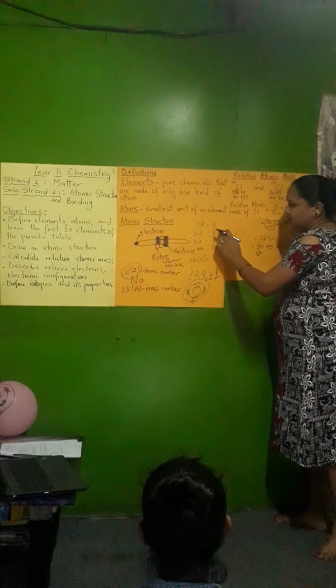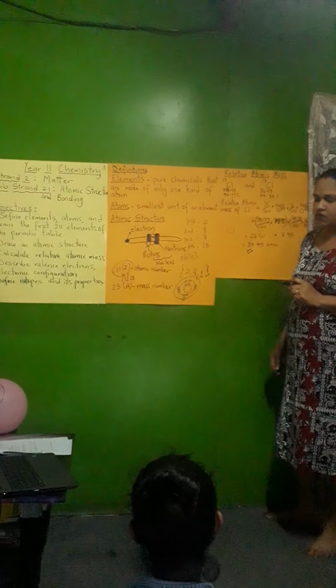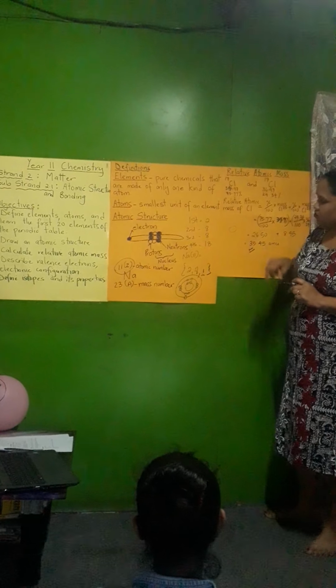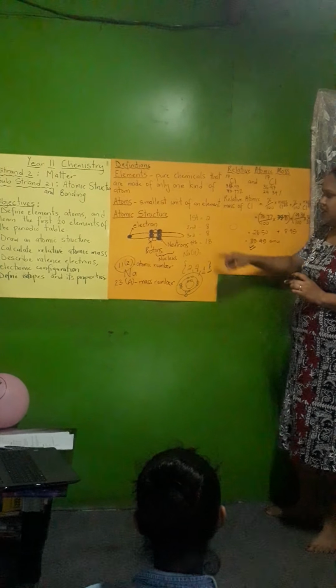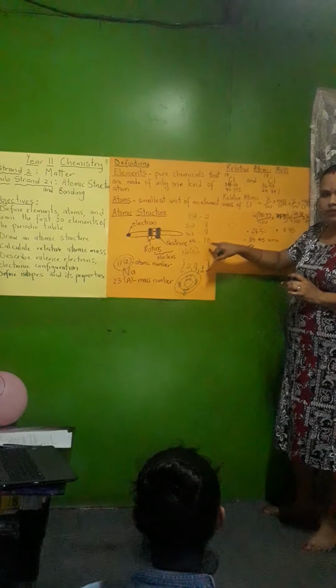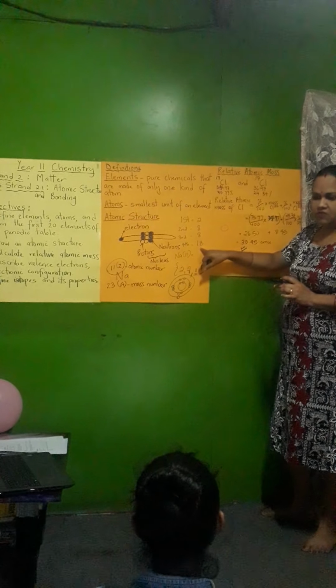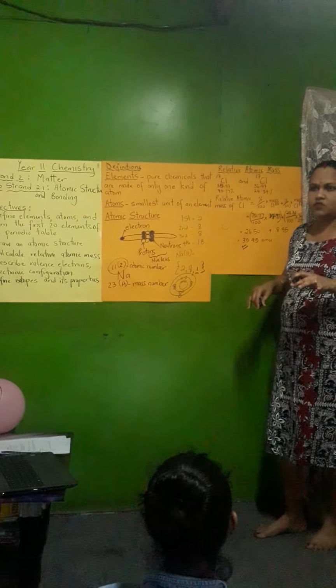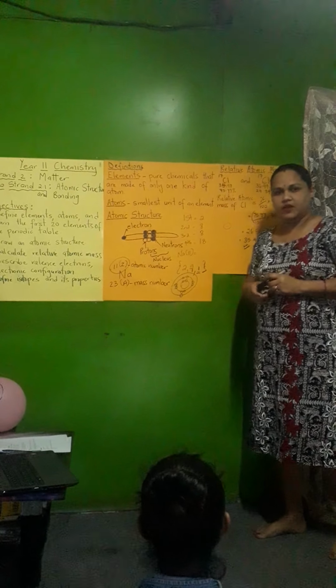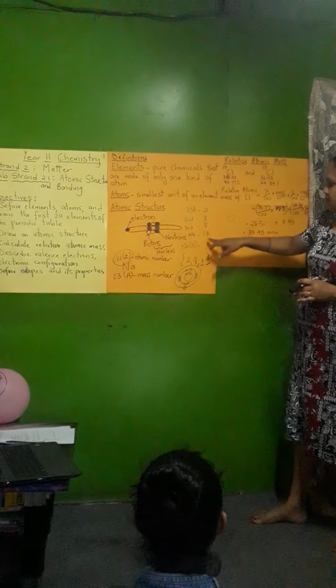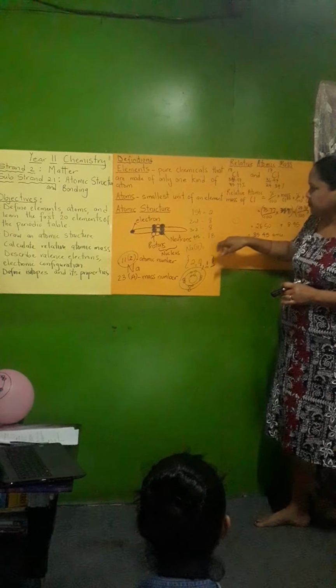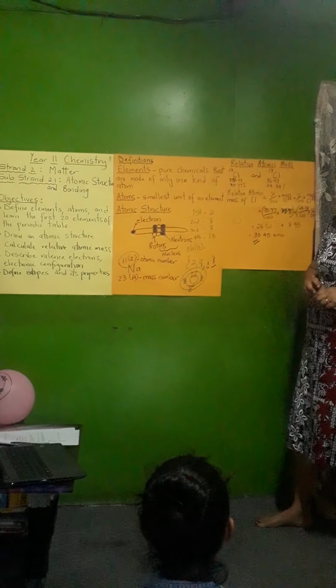Then the second shell can occupy 8 electrons. Third shell can also occupy 8 electrons. And the fourth shell can occupy up to 18 electrons. So it always depends on the atomic number of that element that we will then consider for the electron configuration.